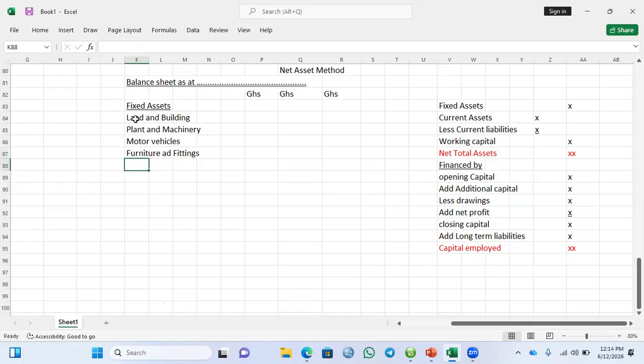Then, of course, don't forget your intangibles, which can be goodwill or copyright. But if you really check the past questions, hardly do you see some of these intangibles. But remember, they are also part of your fixed assets.